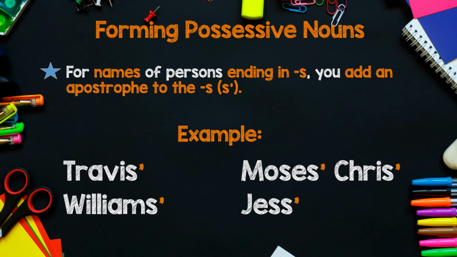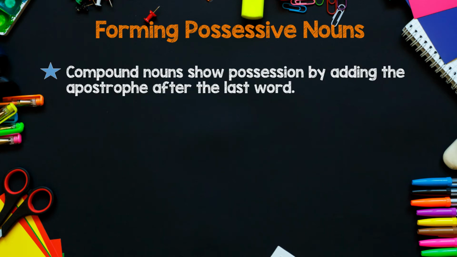If we have the name Travis or Williams, Moses, Chris or Jess, we follow the similar rule. Finally, if we encounter compound nouns, they show possession by adding the apostrophe after the last word.